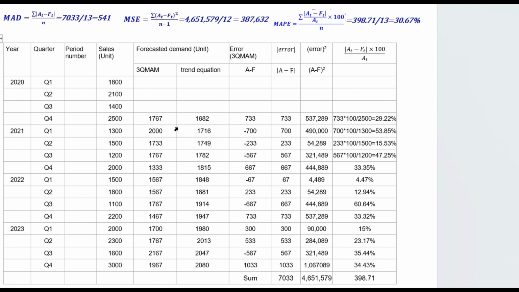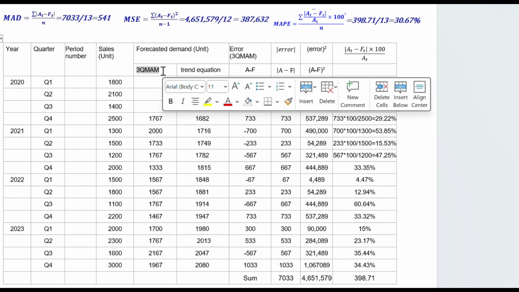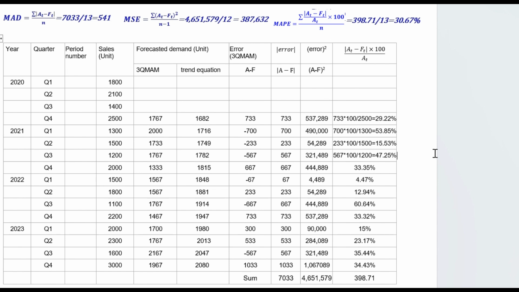Well, we finished the calculation of the 3 measures of the forecasting accuracy for the first method, which is the 3-quarter moving average method. MAD equals 541, MSE equals 387,632, while MAPE equals 30.67%.